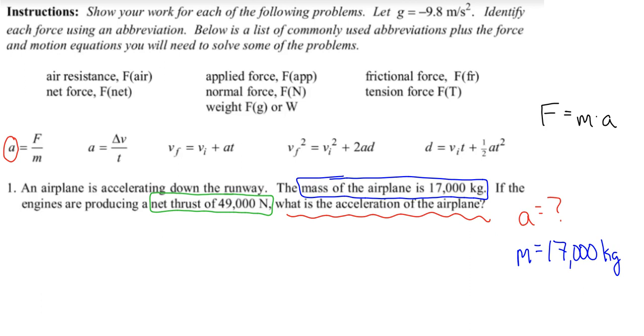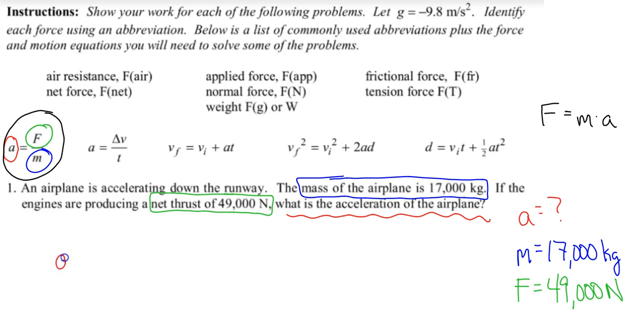So our force is 49,000 newtons. Our mass was given to us as 17,000 kilograms. So all it is a matter of plugging into our equation here of A equals F divided by M.